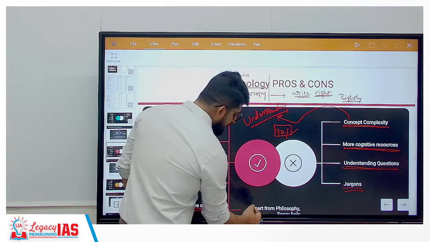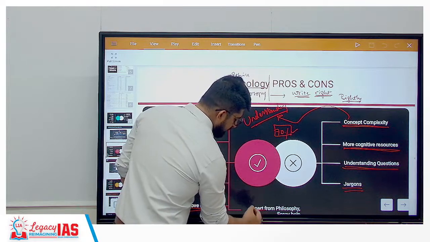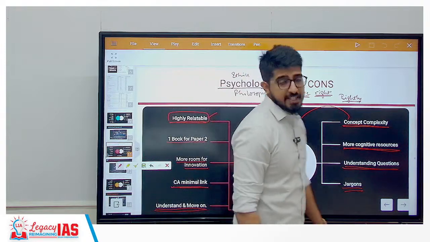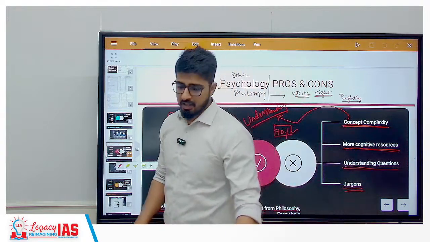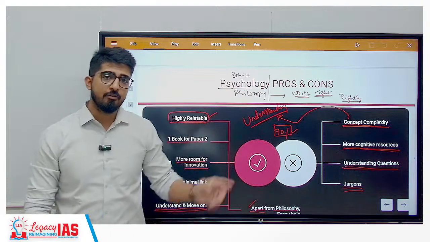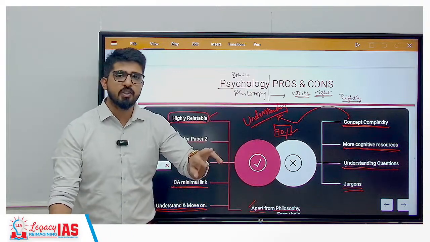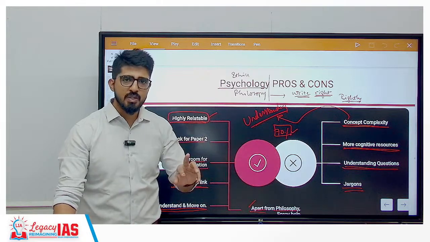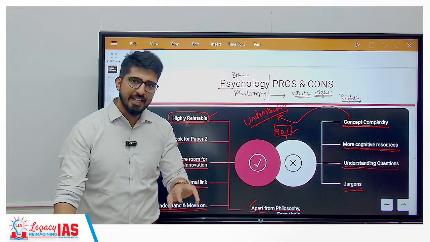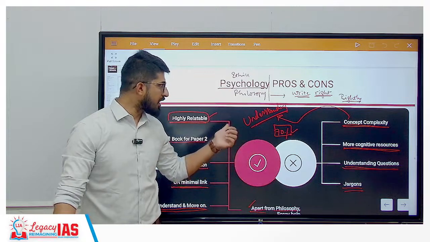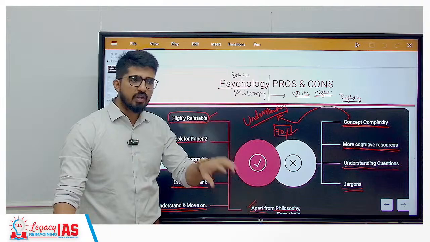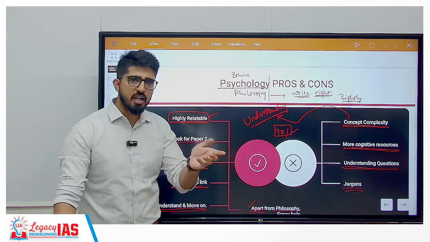The utility of this subject, so in the essay paper you have, apart from philosophy, the philosophical essay, which is the second part of your essay. There are 2 essays you are supposed to write. There is a philosophical part as well. So that second essay, you will find it easier with psychology as an optional. And ethics also has almost 1, 2.